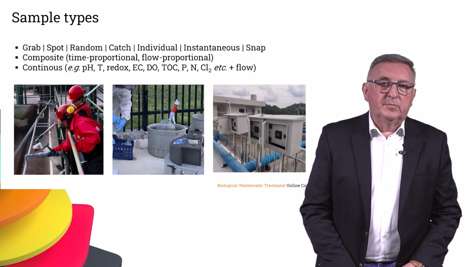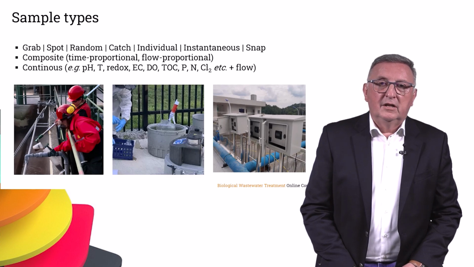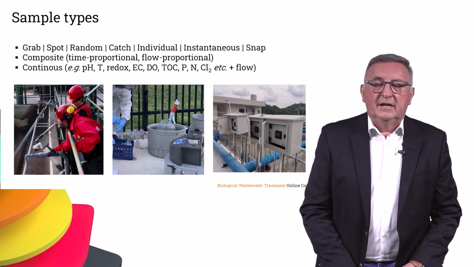And we have a third group, which are continuous sampling, and are, for example, used for pH measurement, temperature, redox potential, electroconductivity, dissolved oxygen, total organic carbon, phosphorus, nitrogen, chlorine, and some other parameters, and the flow measurements.